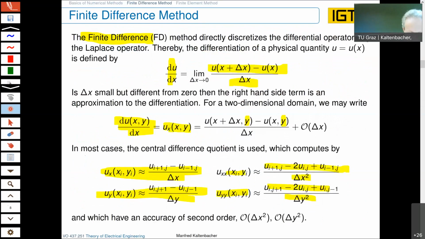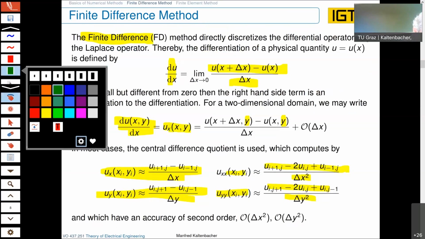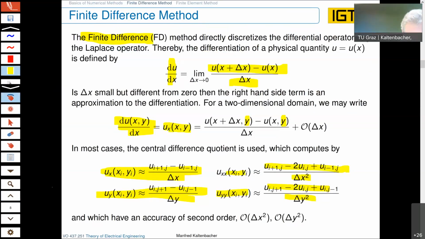Yeah, but it is of second order. The accuracy is of second order, is written here. This O means order. Yeah, this is this special O that means of second order. So delta x squared as well as delta y squared.